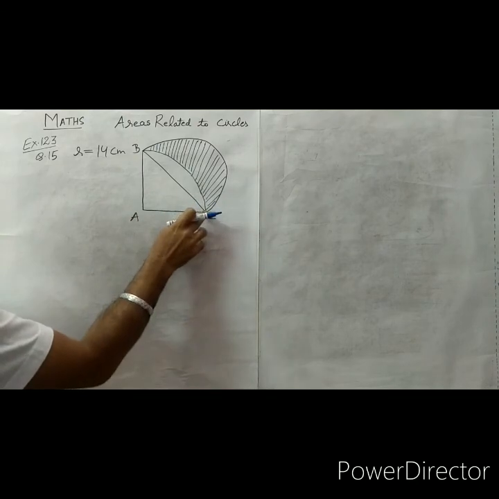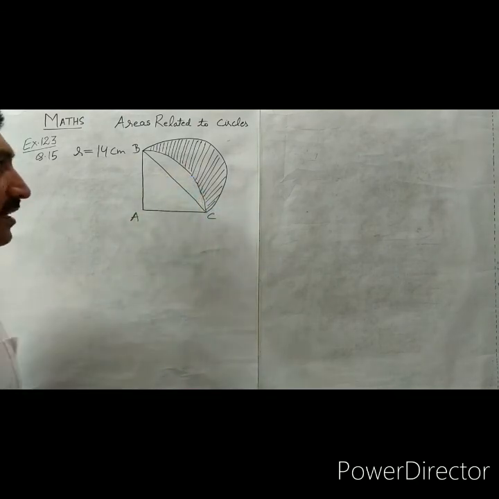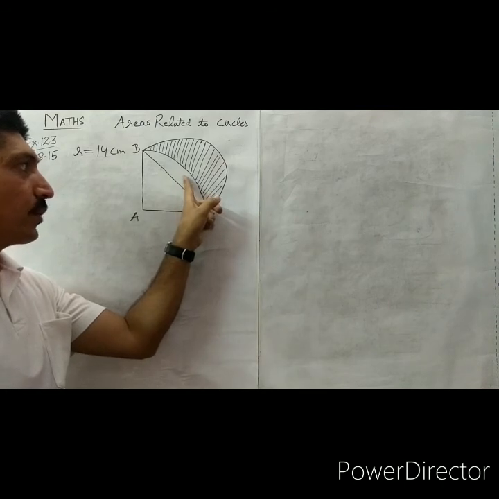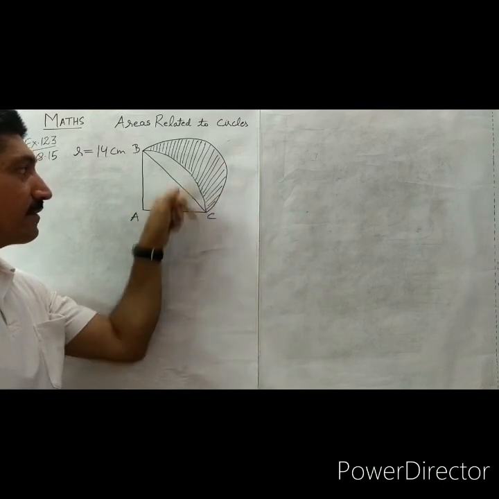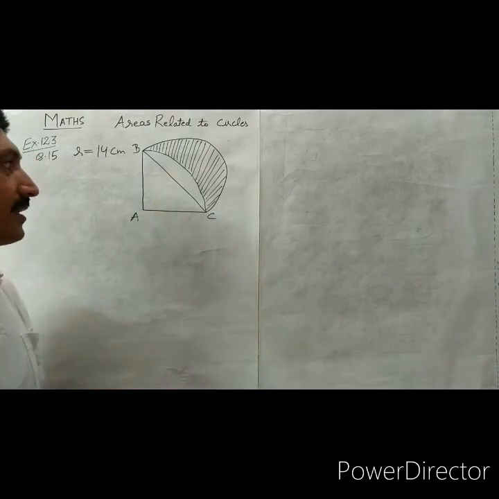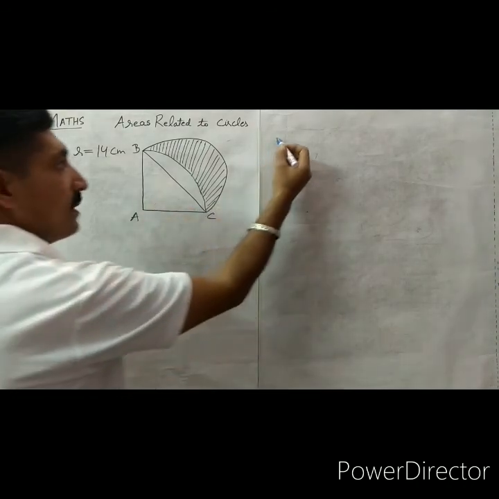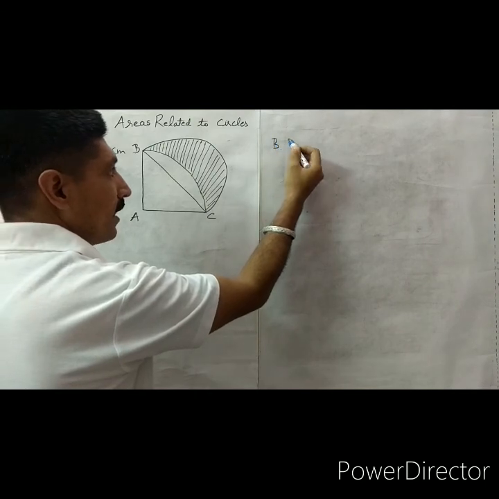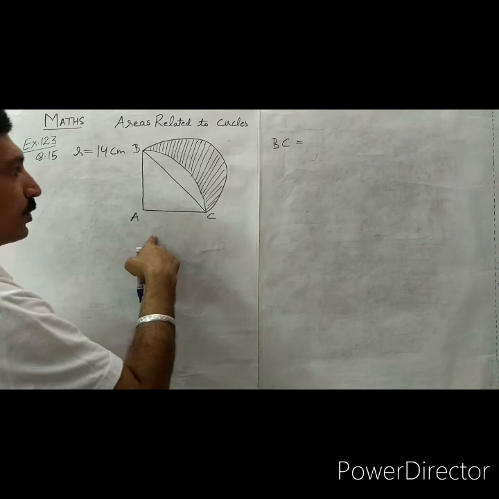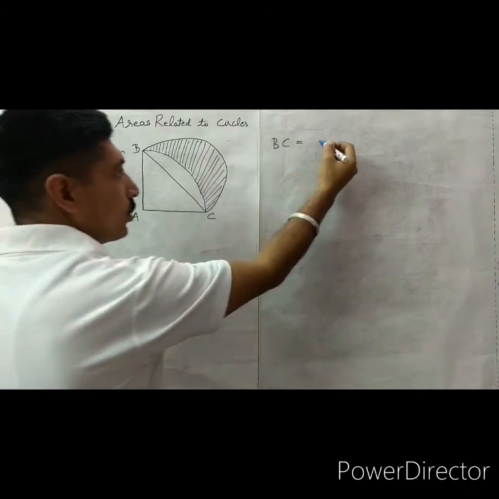This shaded area is equal to area of the semicircle minus area of this segment. So area of the segment is equal to area of sector, that is quadrant, minus area of the right angle triangle. So here BC, again by Pythagoras theorem, BC is equal to 14 under root 2.